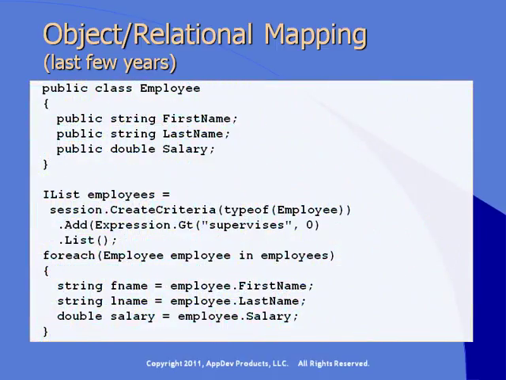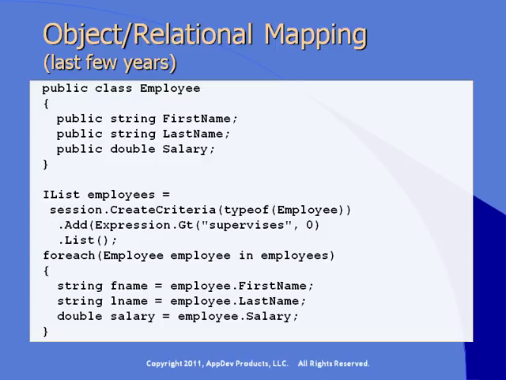Now, I've used a very simple example here. Imagine you have a class named employee, which contains a property for each of the fields in your data. You could have code which would fill in some data structure based on that class.